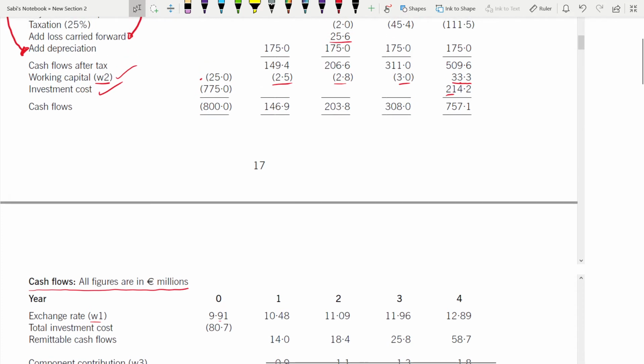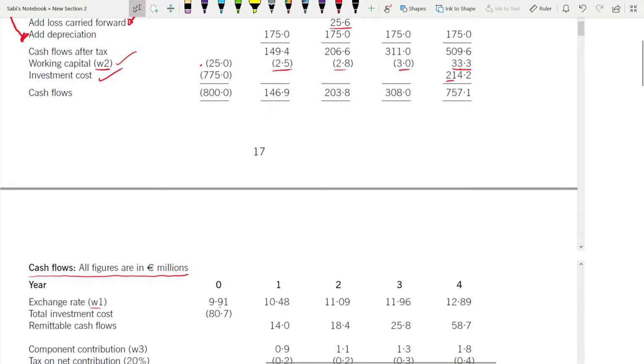I'm keeping both together for you to see the cash flows. So cash flow was 800, the initial investment in year 0. Now you convert it into euro. You just divide 800 by 9.91, you will get 80.7 something, rounded up to one decimal place. So for the first one, it is 800 divided by 9.9. Likewise, you have to divide all the cash flows.